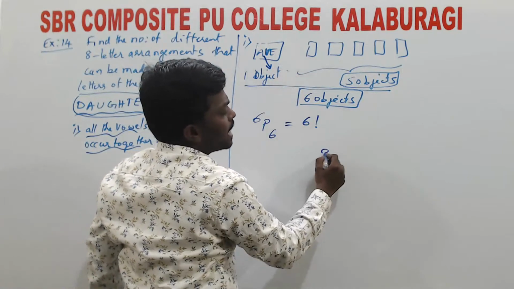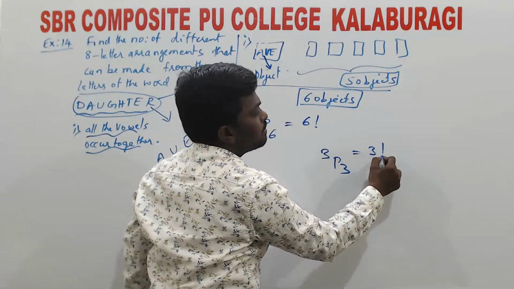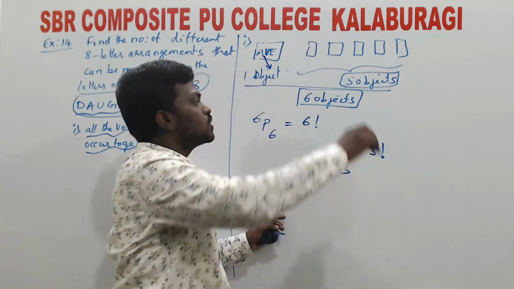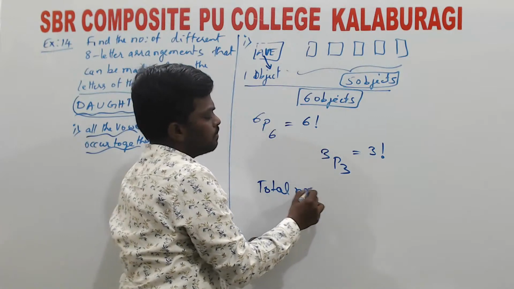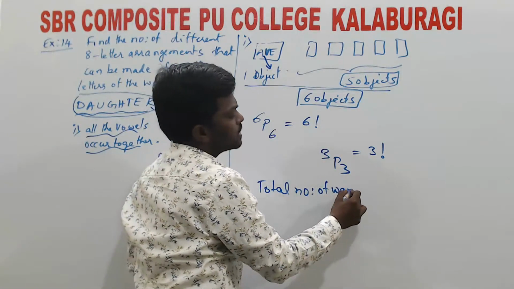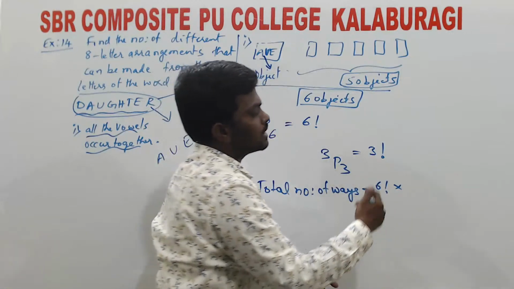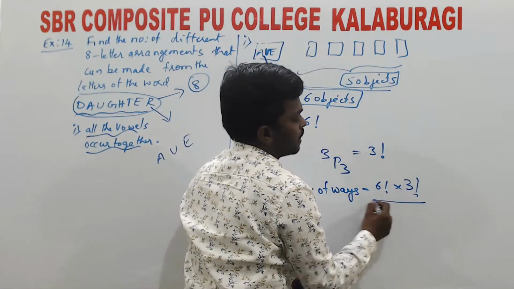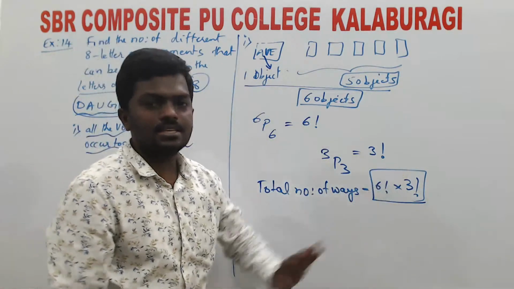So that three can be arranged in 3 factorial ways. So our total number of ways will be 6 factorial into 3 factorial. Right, so this is the answer. Simplify this and write down.